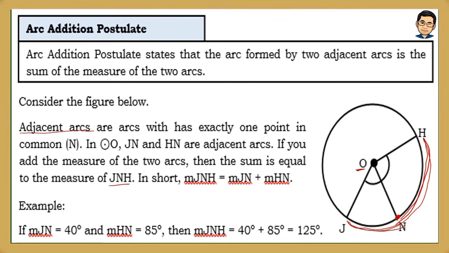In short, the measure of arc JNH is equal to the sum of the measure of arc JN and the measure of arc HN.